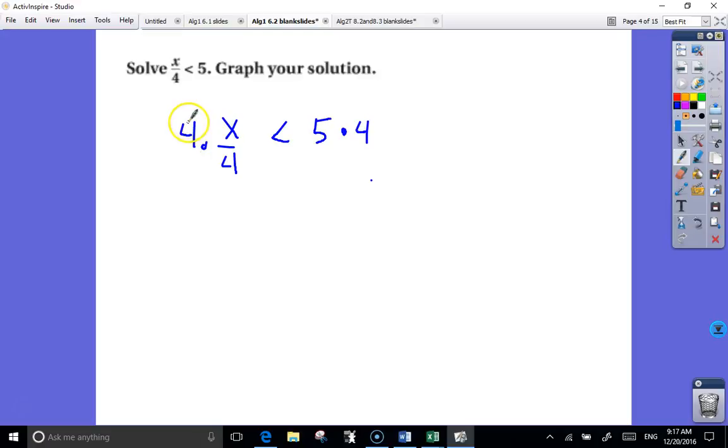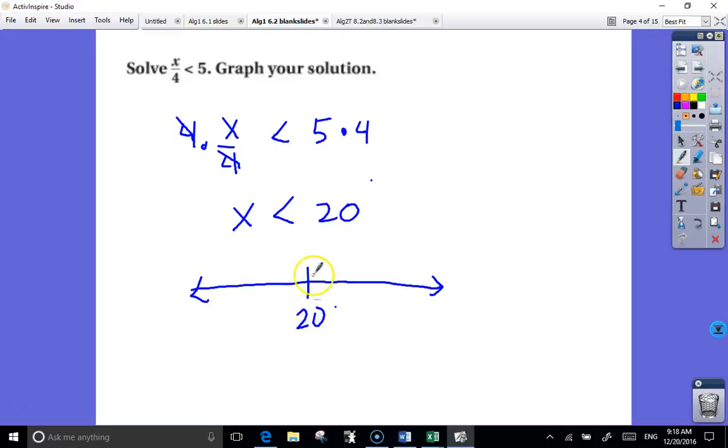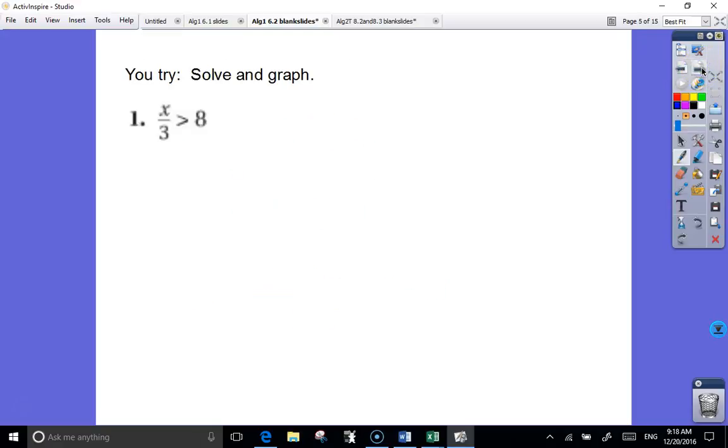Remember, when you multiply, that cancels the 4, and now we've got x less than 20. And it says graph, so I'm going to graph. Hopefully the graph is the easy part. Open or closed circle, left or right? Left. Again, that's an arrow pointing the way. Easy stuff.